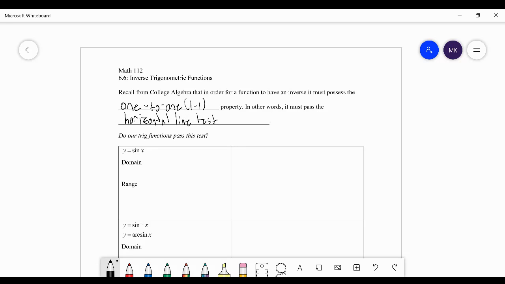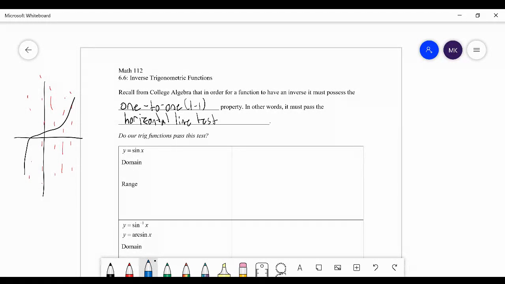For it to be a function means that any vertical line drawn through it can only pass through that function one time. If it passes through more than one time, it's not a function.